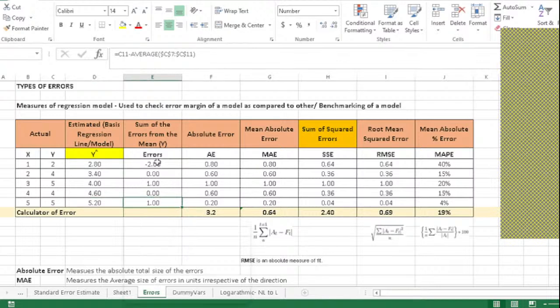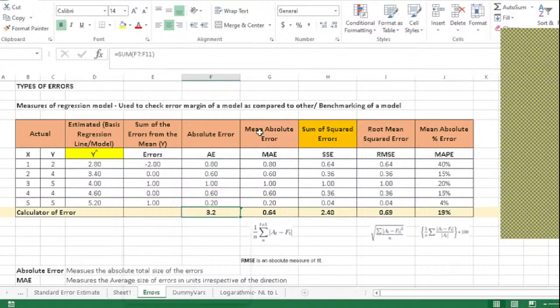So can you see the direction is also there. One has a minus sign, the other has a plus sign. So they are on two different sides of that mean. But for this absolute error, notice I have put ABS. It is not measuring the direction, minus or plus. It is just taking the absolute of the errors and totaling it.